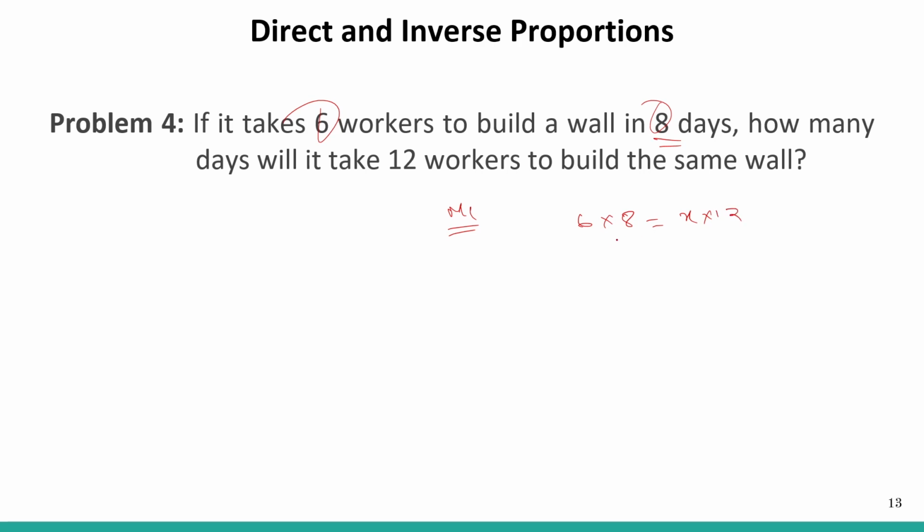Here w1 is this, w2 is this, t1 is this, t2 is unknown. This implies that x is equal to 6 into 8 by 12, so that will be 4. So it will take only 4 days to build the same wall.